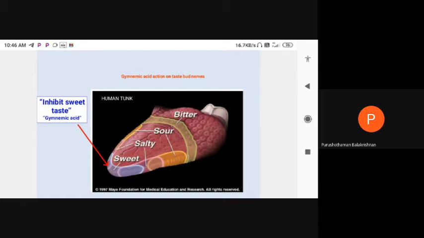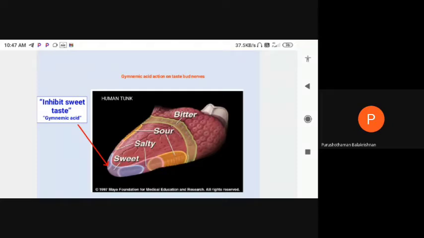If you take sugar material or laddu or any other sweet material, it feels like soil. The main point is that gymnemic acid attacks the sweet taste buds on the tongue. Automatically, the gymnemic acid inhibits the sweet buds, and you feel it like soil. So it is very basic work, and we determined that.